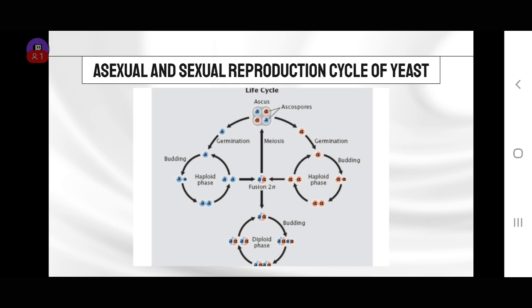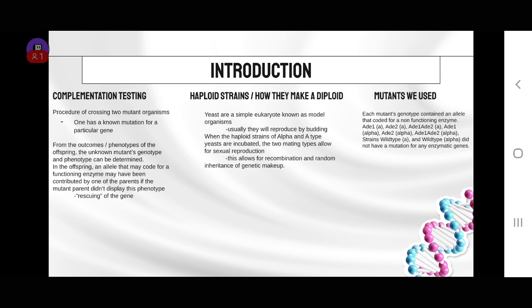And that diploid organism will continue to bud and create more copies. They could create ascus. They could go into the haploid phase, but once you have the fusion of the two mating types, then that's where you get your sexual reproduction in the yeast. Sexual reproduction allows for recombination and random inheritance of genetic makeup for the offspring.